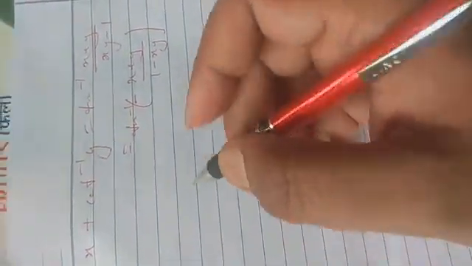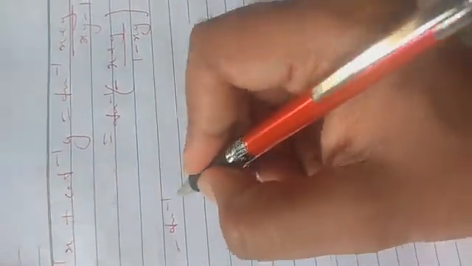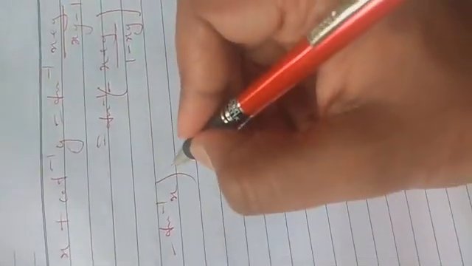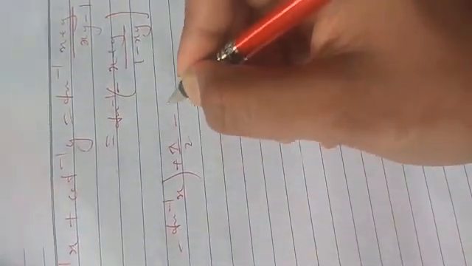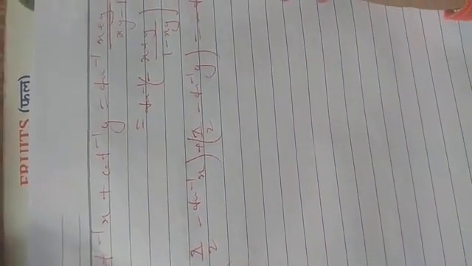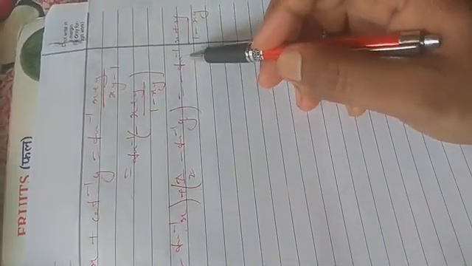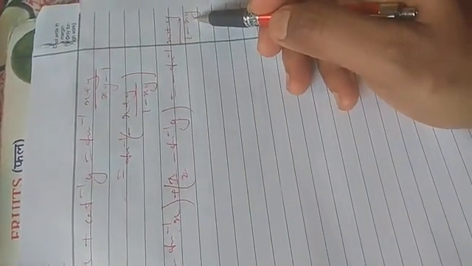Now this minus changes the result, and we will get pi by 2 minus tan inverse x, in a bracket, plus pi by 2 minus tan inverse y, equals minus of tan inverse of (x plus y) upon (1 minus xy).